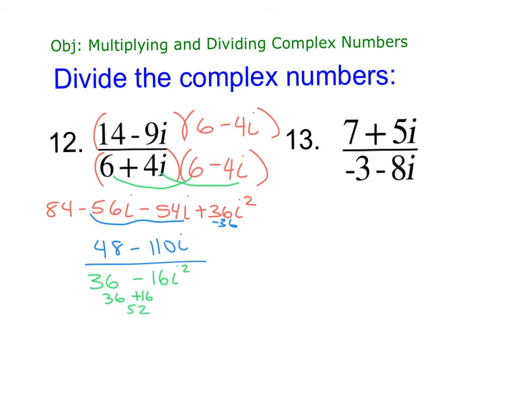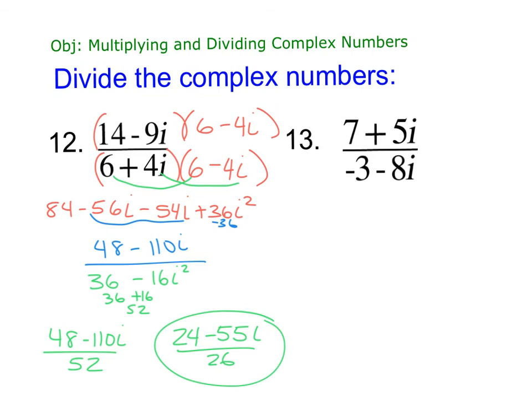So my answer, I'm going to be able to simplify. 48 minus 110i over 52. I can divide by 2. So my final answer is 24 minus 55i over 26. It's a little bit much, but it's not very hard. It's just time consuming. All right.